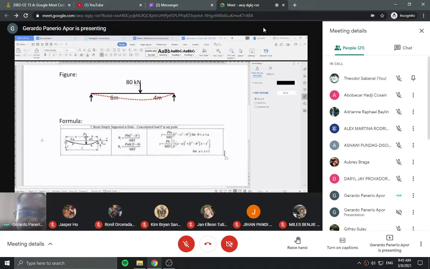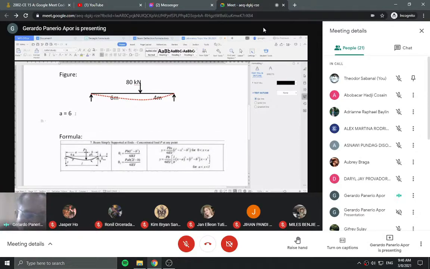The A is equal to 6, no? A is equal to 6. And then, the L is equal to 10.